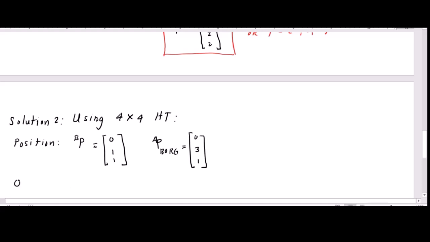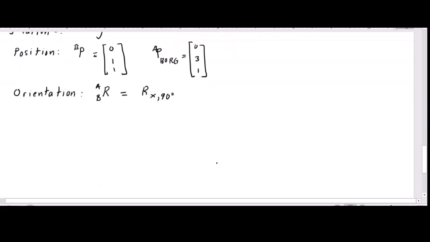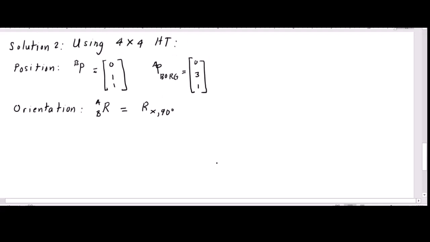Now, the given orientation is R B to A, which is equal to R X about 90 degrees positive. From the diagram, it shows positive. So here, you can use the 4 by 4 homogeneous transformation.